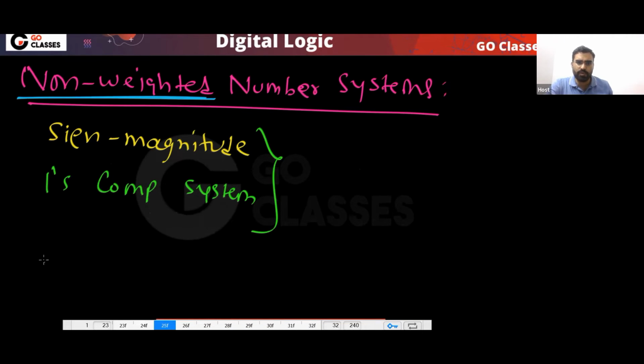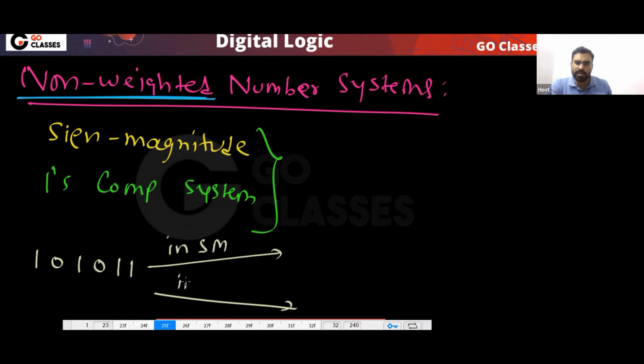So for example, if I give you the number 101011, then what is this number in sign magnitude, and what is this number in 1's complement system? In sign magnitude, you find it like this: the leading 1 means negative, and 1011 means 11, so this is minus 11.